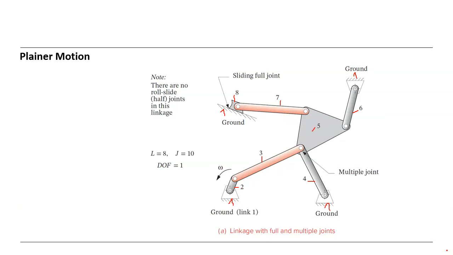That means we are not limited with the links. The 4-bar mechanism is the minimum, and after that it could be 5, 6, 7, 8, 9, 10. But if we have many links connected together, you can imagine it is getting very complicated.